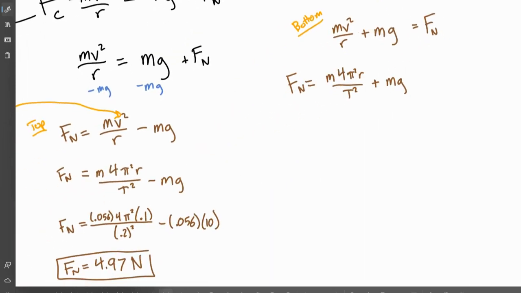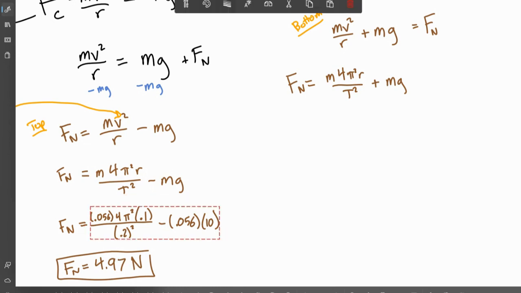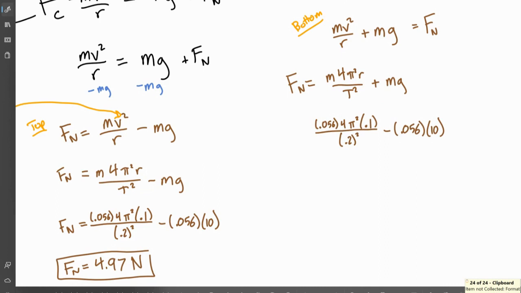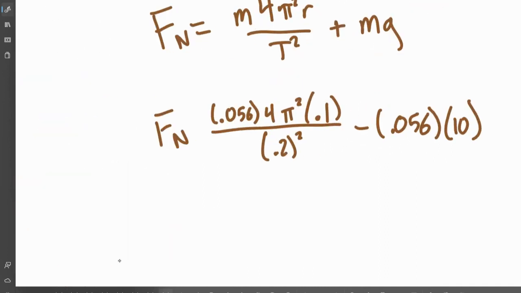But what did we just do? We just did this exact equation, but with a minus sign. So what we could do is take all of these quantities we just did, but instead of a minus, all we have to do is plus.